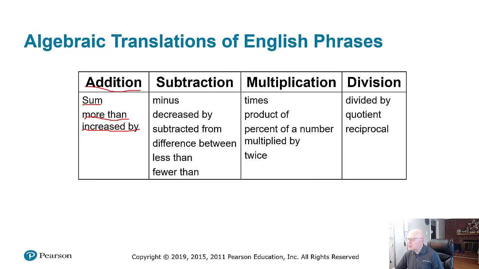You can read those. Multiplication: times, product, percent of. Here's the key right here, this word of. That means multiply. Or just straight out multiply by, or twice. That means 2 times something. And division, of course: divided by, quotient, reciprocal. All those represent phrases that represent division.